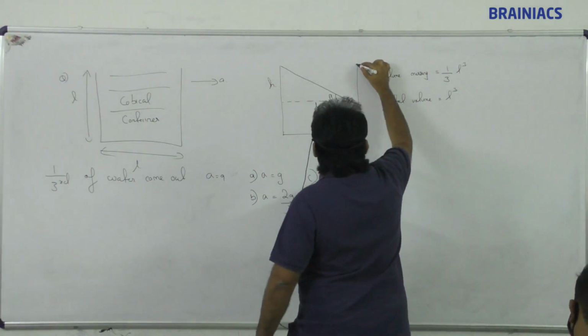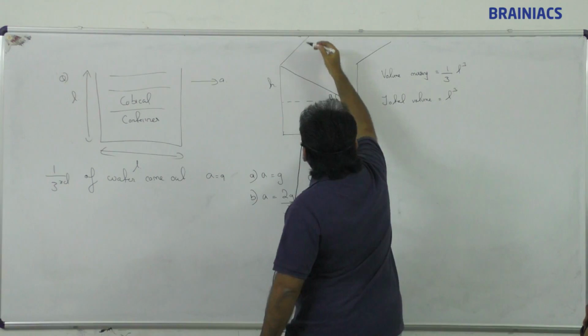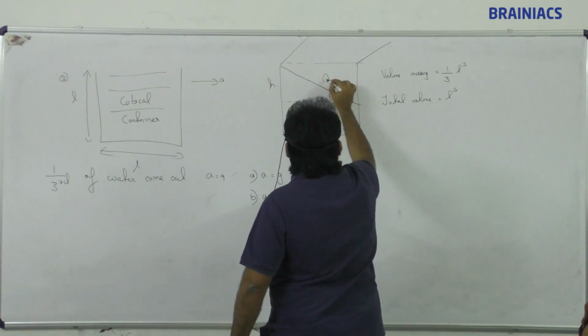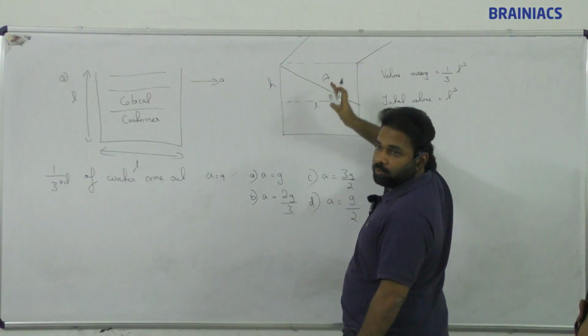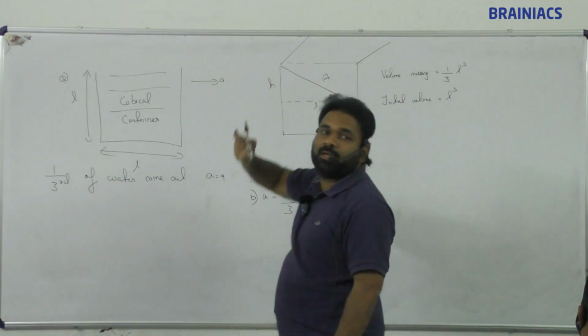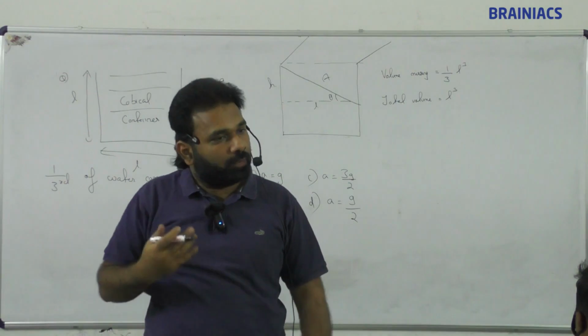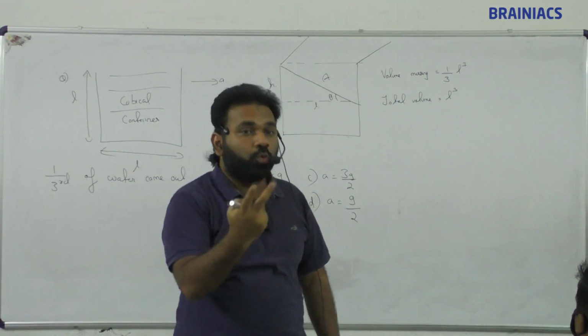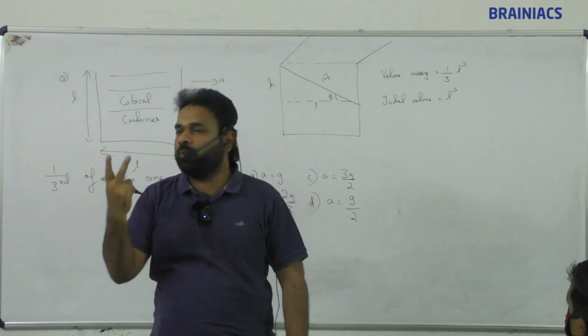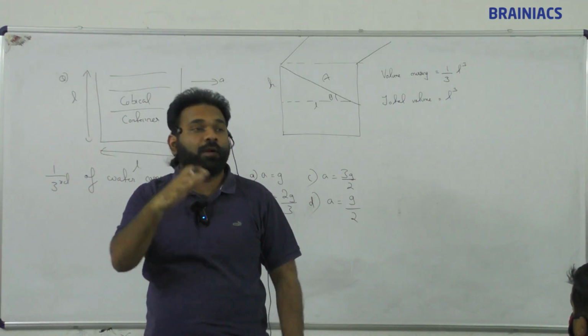Now suppose if we consider like this. So this area into this length, that is the total volume came out. Total volume we can say in two ways. One is total volume is L cube. How much water came out?